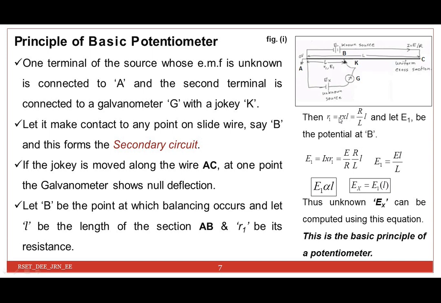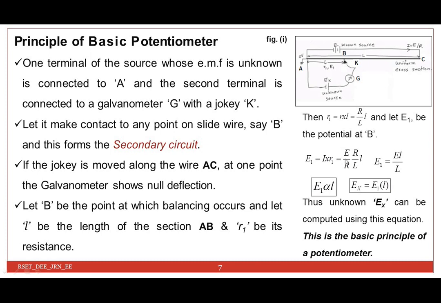And small r can be substituted as capital R divided by capital L into L, and let E1 be the potential at B. So how can you find the potential at B? E1 is equal to current into its resistance, so the working current I into small r1. Substituting for I and for r1, you will be getting E divided by R, that's for I, and r1 is substituted as capital R divided by capital L into small l.